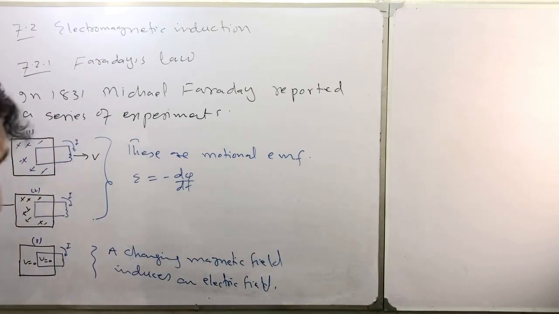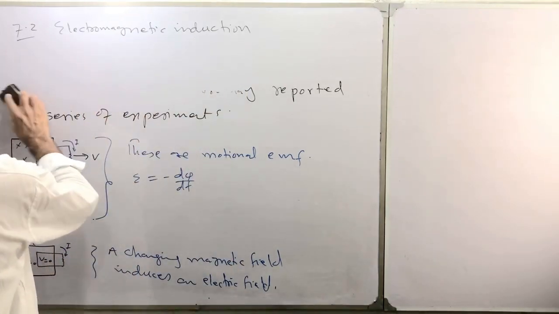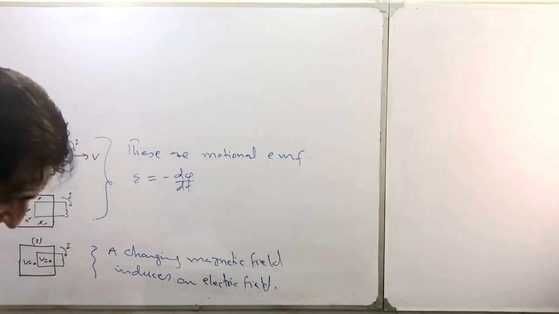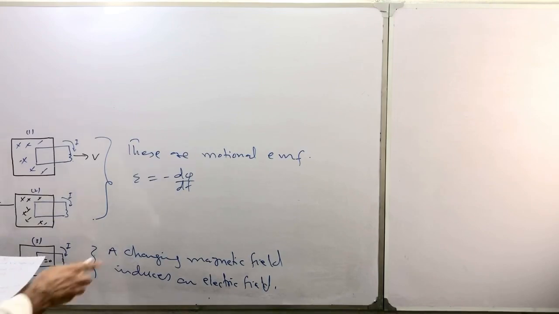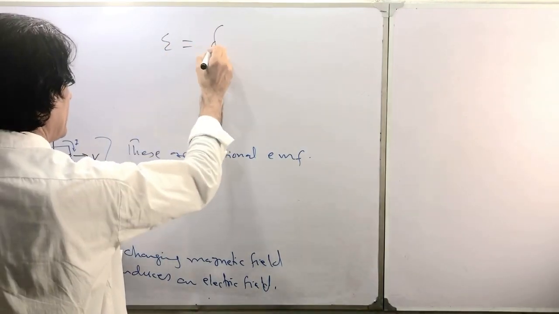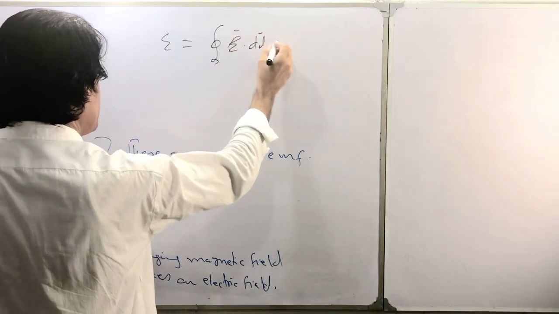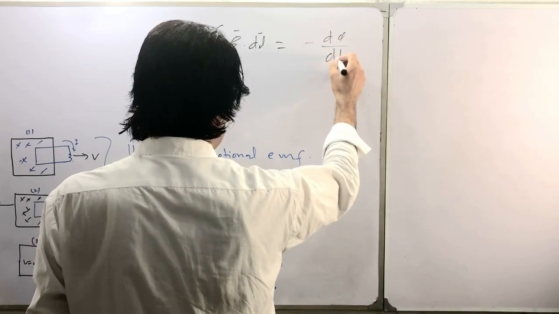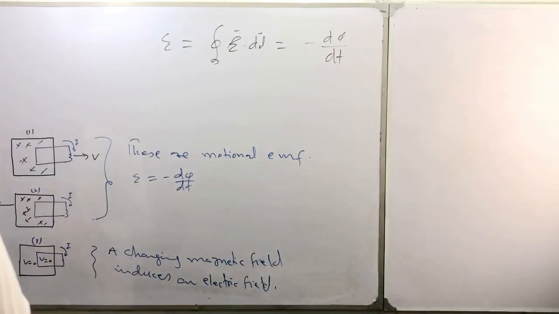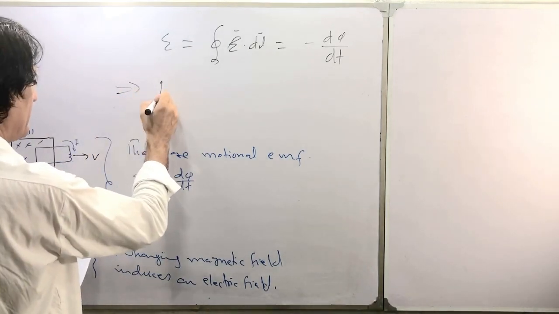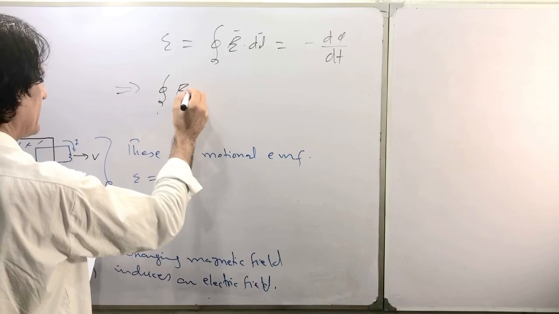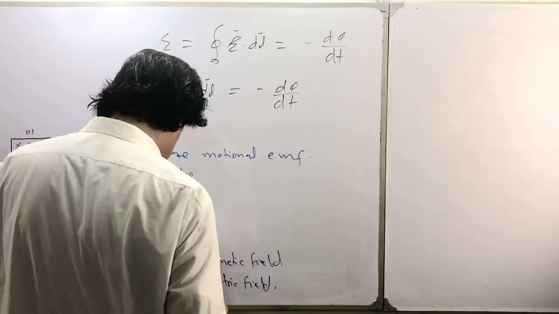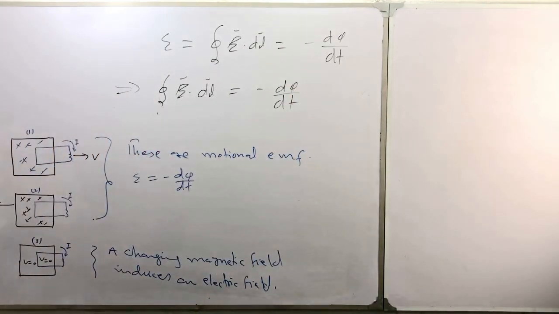One may write it like this: the EMF, generated due to the changing magnetic field, is minus dΦ/dt. Then this is equal to minus dΦ/dt.